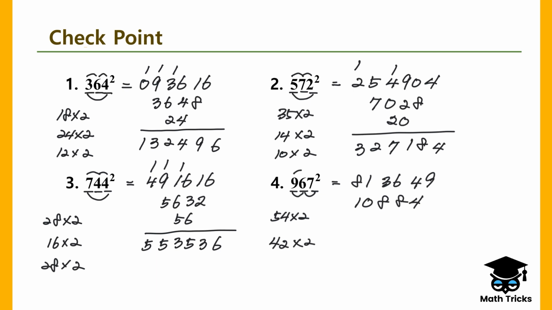And 9 times 7, 63. Times 2, that's 126. So 126. 9, 8. That's going to be 12, 20. 2, 8, 10, 15. That's 3. 8 plus 1, 9. So the answer is 935009.